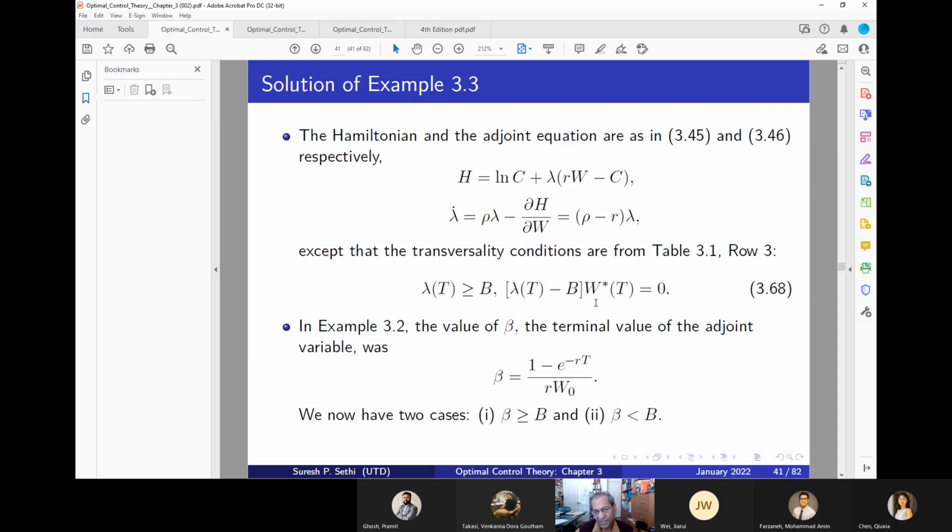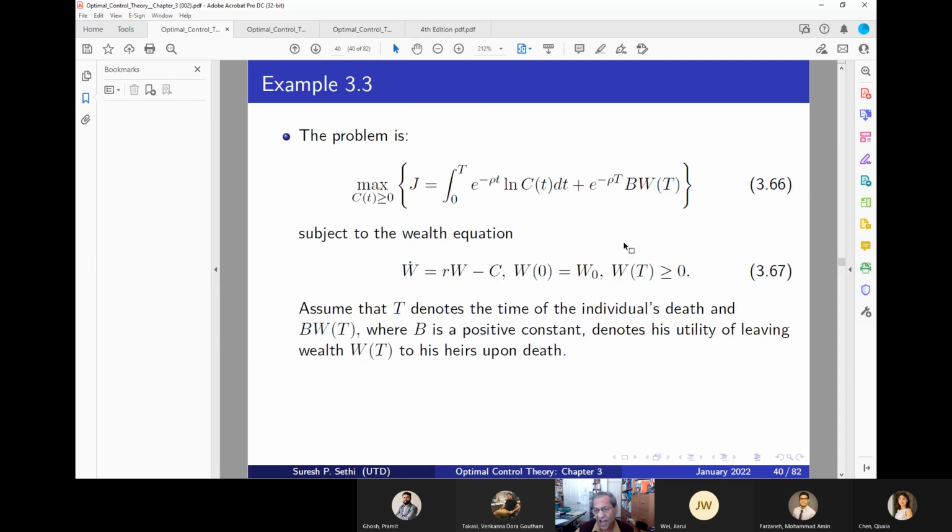Notice what happens. You can easily argue that if I put a high enough value on b, then probably there is some b which will make me consume enough so that my wealth will be 0. No, other way around.